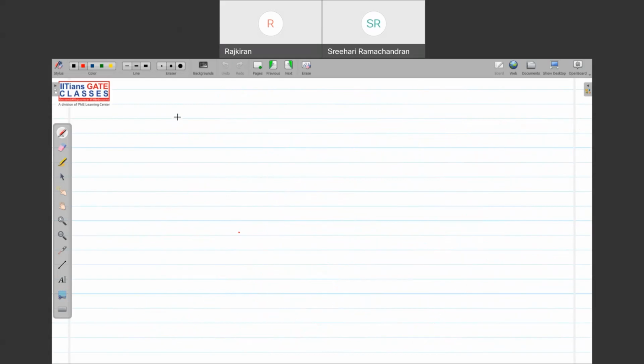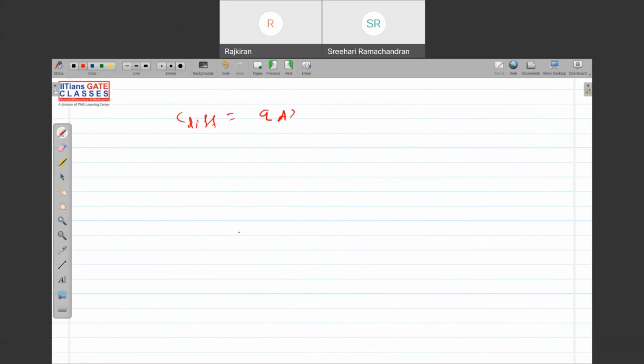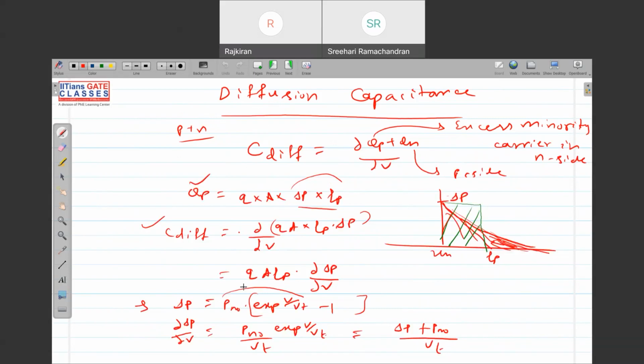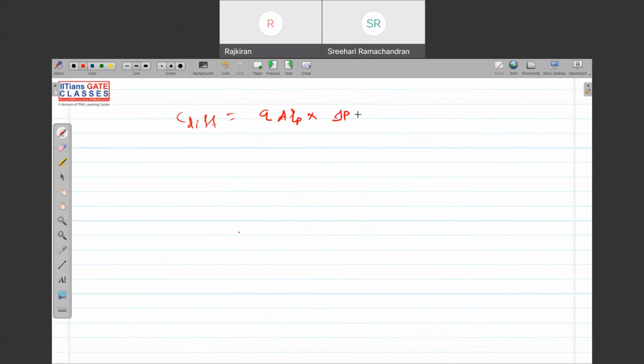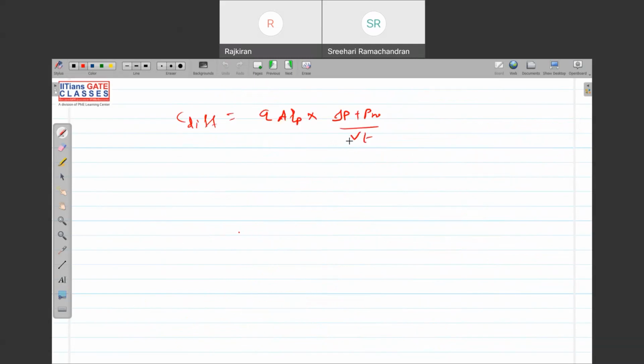C diffusion equal to Q A LP into d del P by dV, which is Q A LP times (del P plus Pn0) by Vt. Clear? Fine.